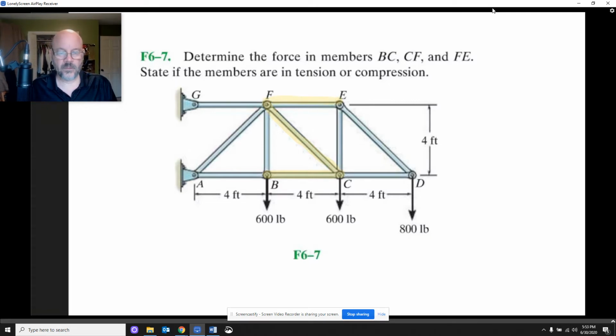Now, what we're going to do here is cut this piece in half. That's our method of sections. We're going to cut it right through here. Of course, this is a virtual cut, a mathematical cut, not an actual physical cut. And that's going to give us two pieces. So let's take a look at both of those pieces.